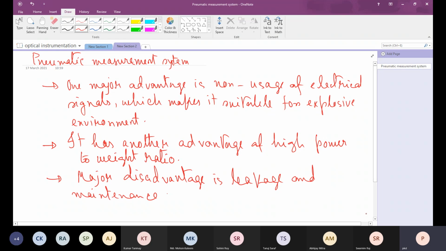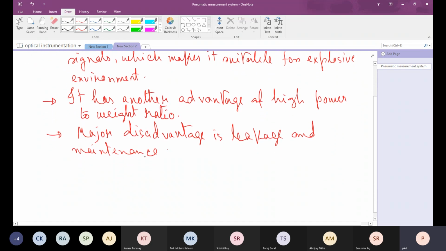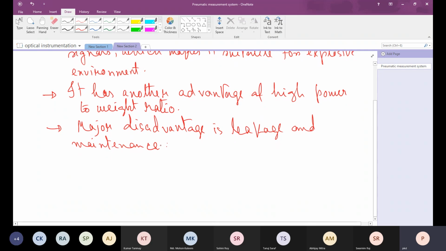So leakage is a perennial problem for hydraulic components, but it is also present in other pneumatic systems like gas-based systems. There also leakage is a problem, but it's a big problem in hydraulic systems, where either oil or water is used as a transmitter.